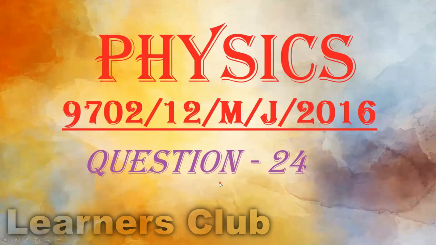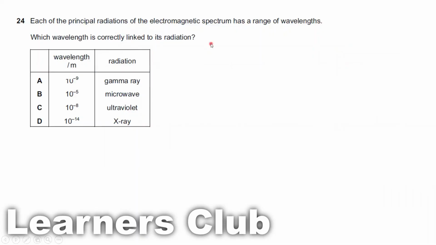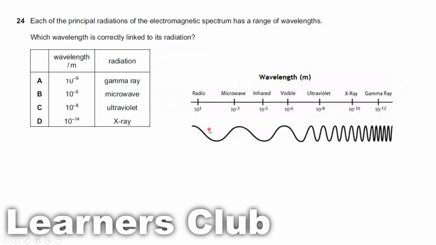Question 24. Each of the principal radiations of the electromagnetic spectrum has a range of wavelength. Which wavelength is correctly linked to its radiation? So as you can see, in the spectrum you'll have increasing wavelength, decreasing frequency. You need to remember the order of magnitude: radio wave 10 to the power 3, microwave 10 to the power minus 2, infrared 10 to the power minus 5, visible 10 to the power minus 6, ultraviolet around 10 to the power minus 8, X-ray 10 to the power minus 10, gamma ray 10 to the power minus 12.